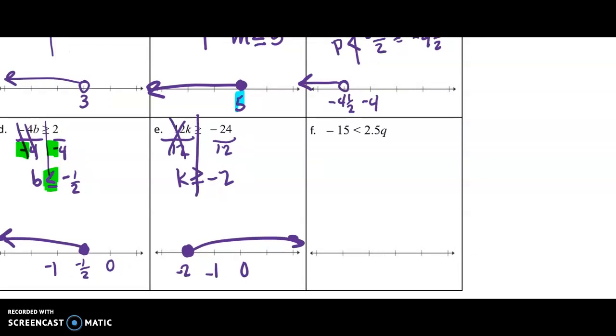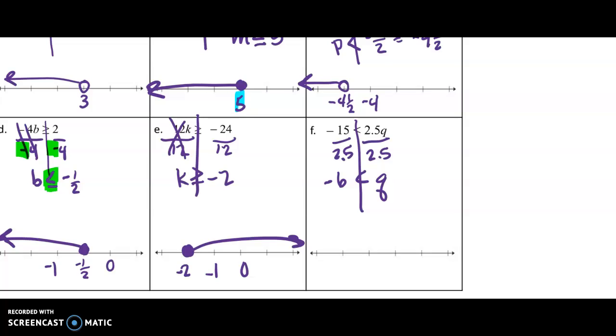Alright, last one. So I have 2.5 times q, so I'm going to divide by 2.5. Negative 15 divided by 2.5 is negative 6. It is less than q, I keep my inequality because I divided by a positive.